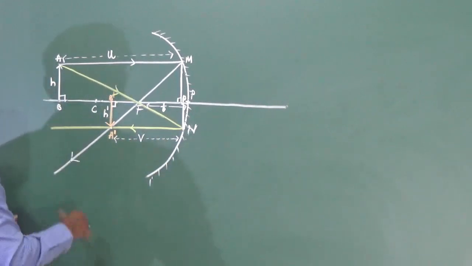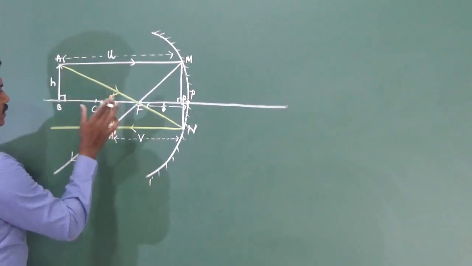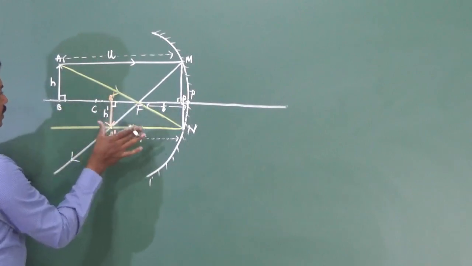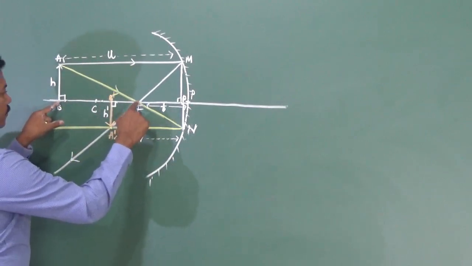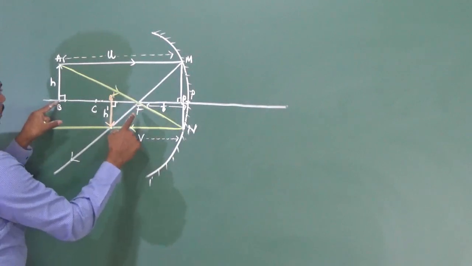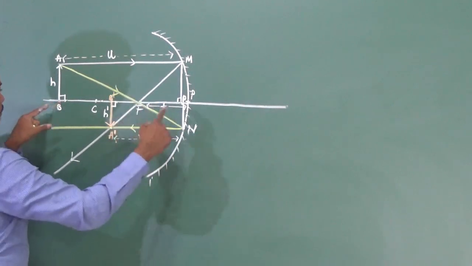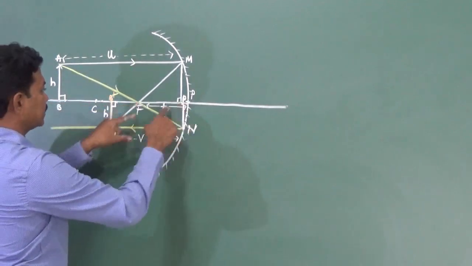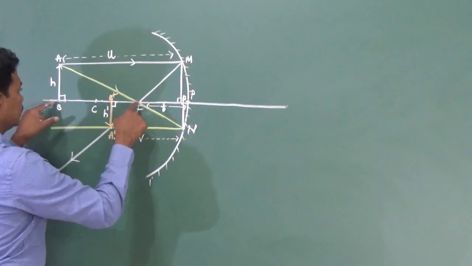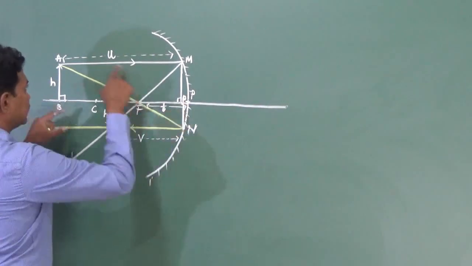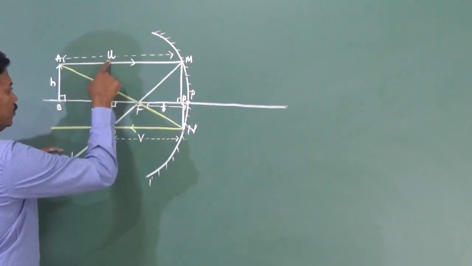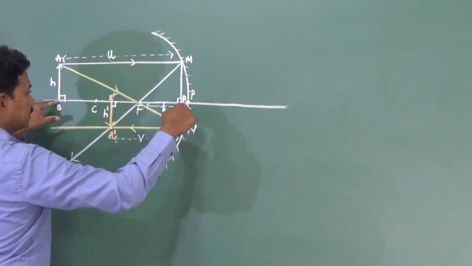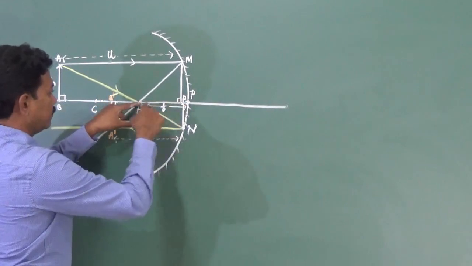Now how do we calculate this distance, BF? I hope you can see this. What is the length of BF? The entire length is BP, and FP is f, the focal length. The entire BP is the object distance, represented by U, and this length is the focal length.